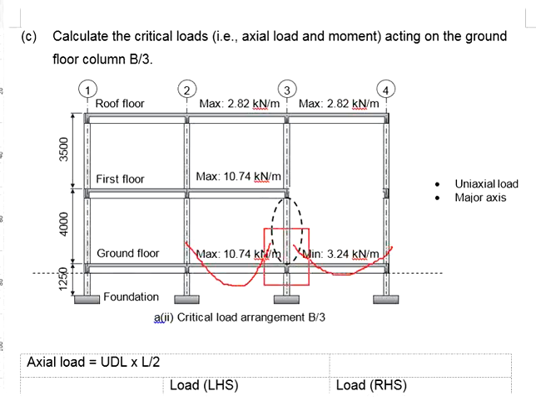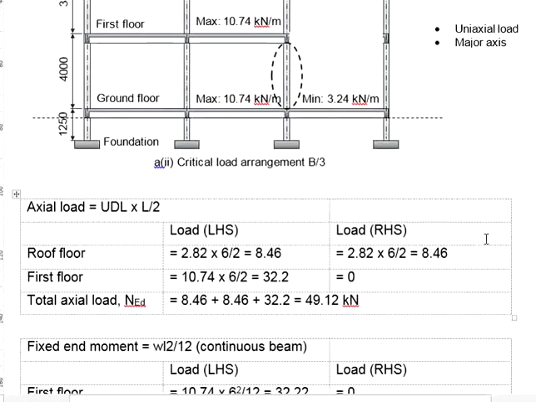The balance of the moment shall be taken by all the members connecting this joint here. Again, get the distribution factors of the column here, multiply with the moments to be taken by this joint, you will get the moments for this column. Having this understood, let us look into the calculation steps.